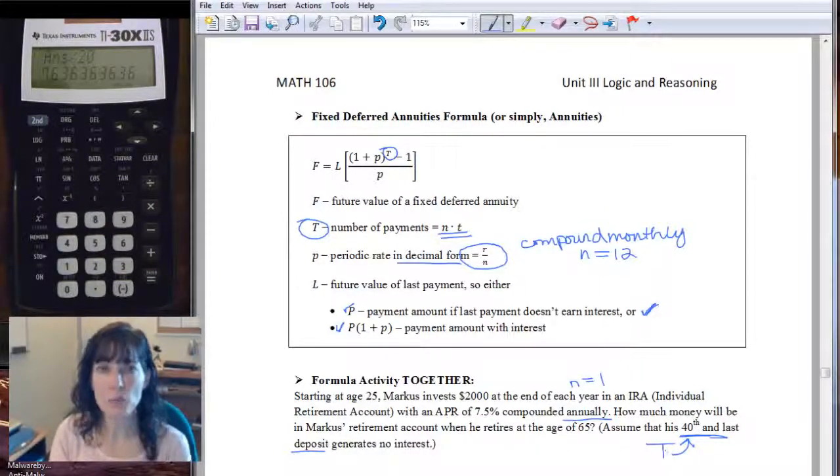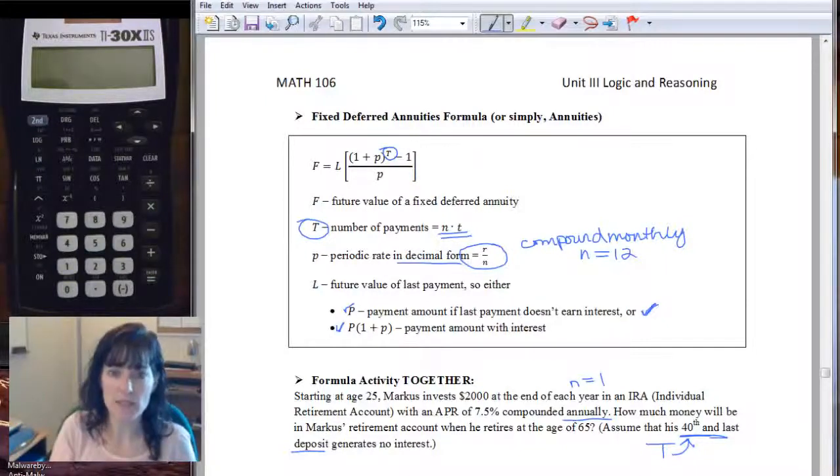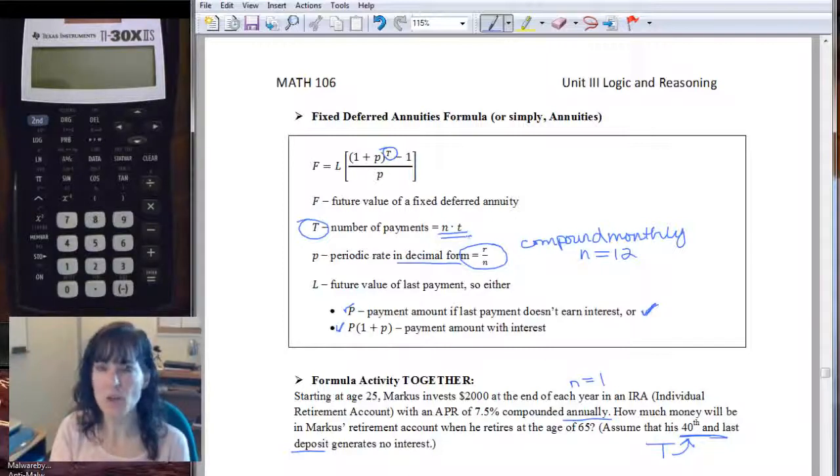You don't even have to multiply the n times the T. We already did it for you. Now occasionally we'll tell you it was this many years compounded monthly, and so you'll have to multiply the number of years times the number of months, and that's this NT. The N is the number of compoundings, which would be 12 for monthly, and then the T would be the number of years that you had. So that's where that comes in. I'll show you some examples. Hopefully that'll be more clear.